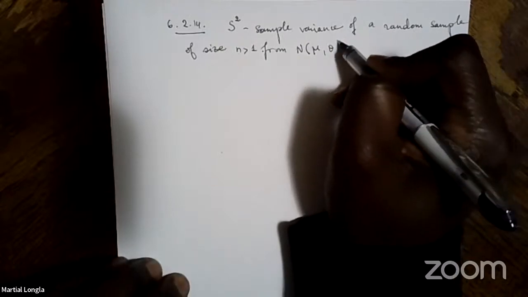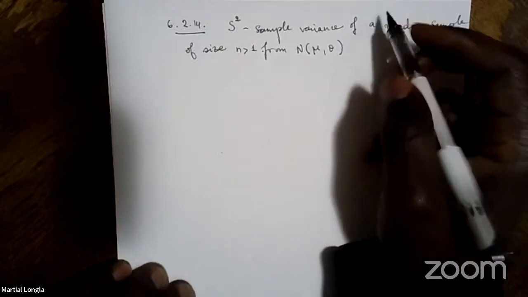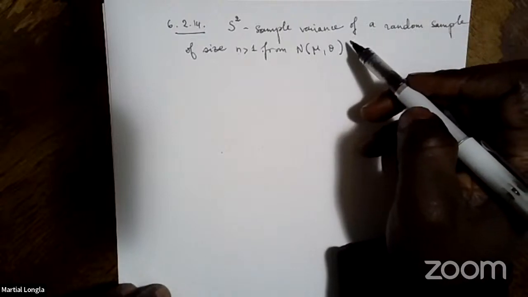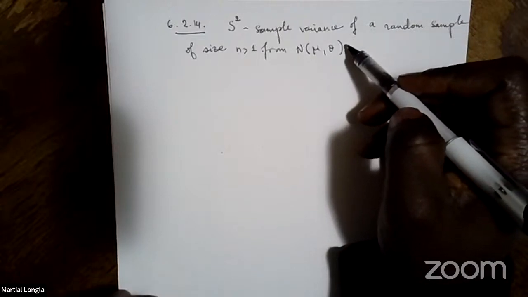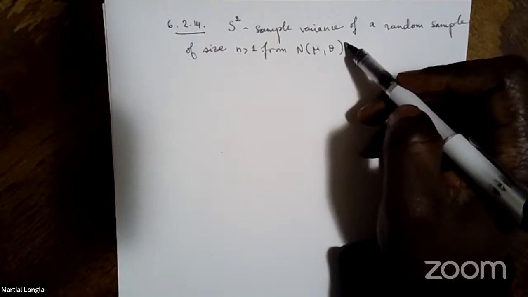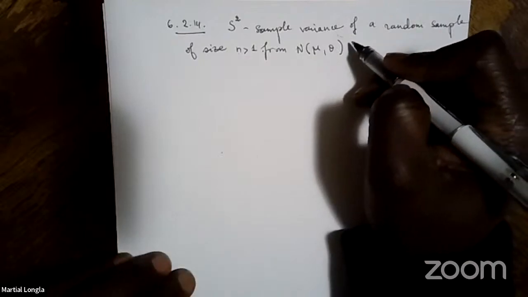We call the variance theta this time. Notice in the other problem, theta was mu, right? So now we call the variance theta. So theta, the variance, is what we are interested in, and the mean mu is known.